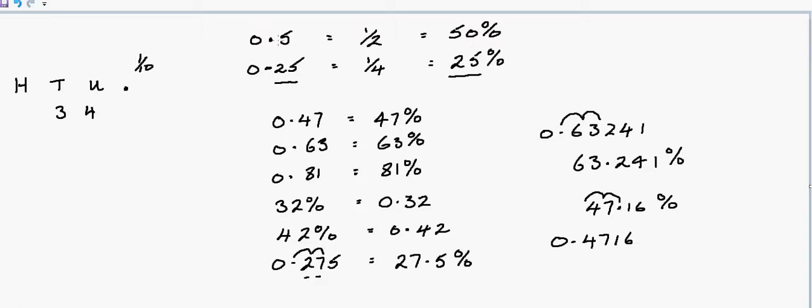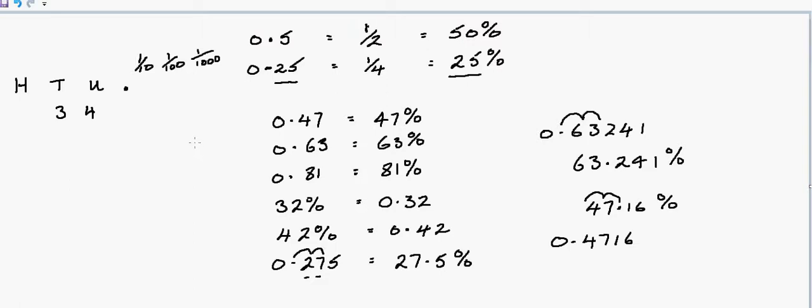Because we know that 0.5 is 5 tenths, and if we cancel 5 tenths down we get 1/2. Then the next row is hundredths, and the next row is thousandths, and so on.